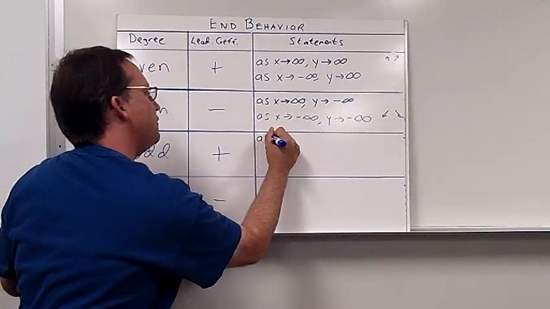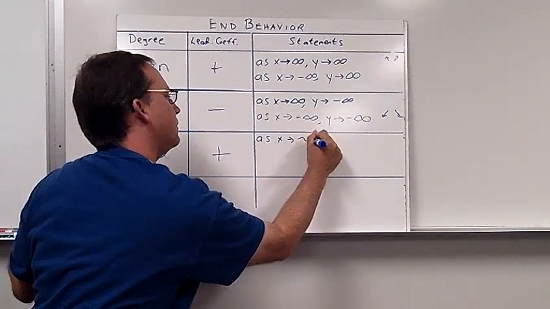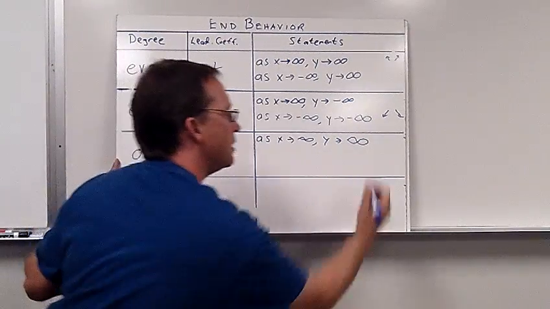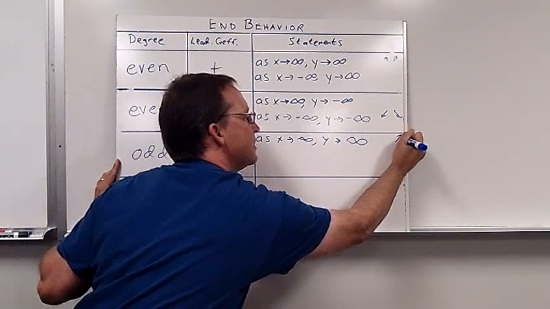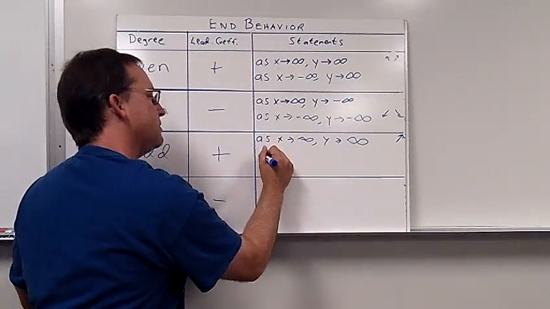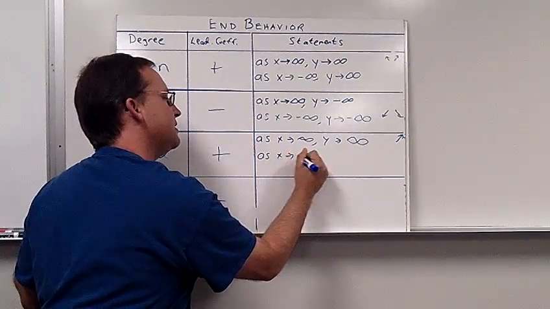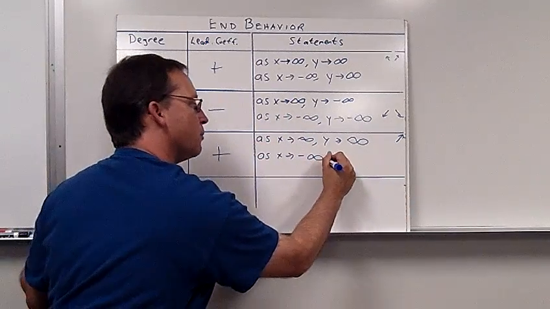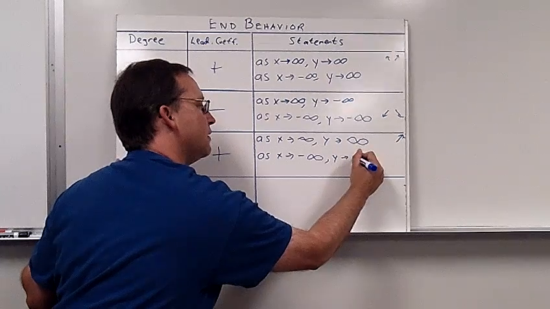As x approaches infinity, y is also approaching infinity. That end of the graph is getting larger. Now as x approaches negative infinity, as the x values get more and more negative on your graph, your y values are approaching negative infinity.